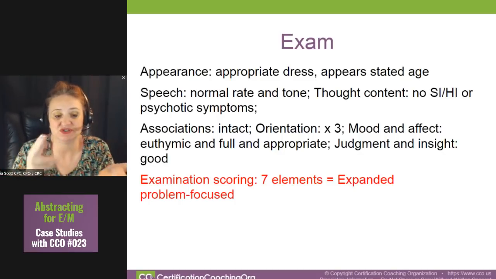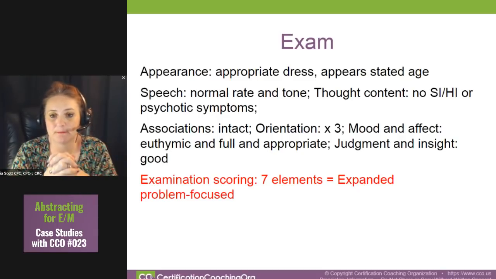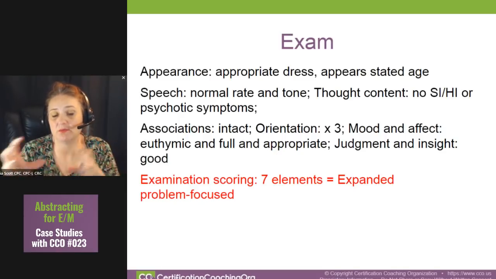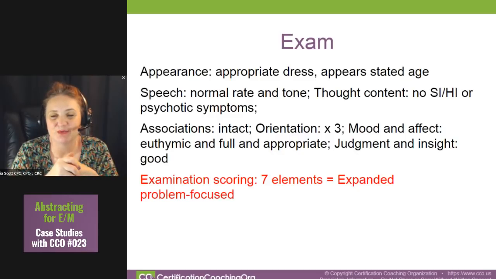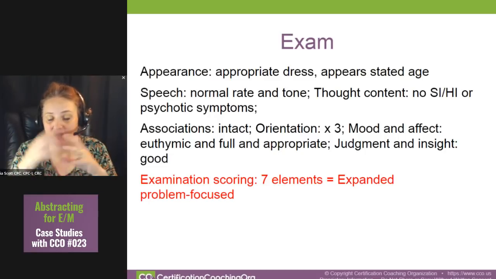Did you just come from work? Whatever. Really, appearance is one part, but do they look their stated age? If you look much older than 30 when you're below 30, that could be a sign of stress, right? Your complexion's tight, maybe wrinkles, worry lines.